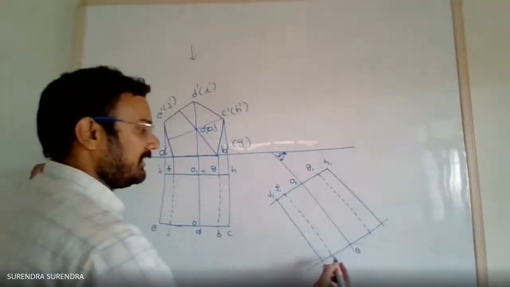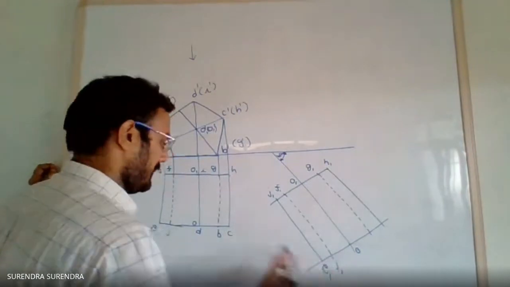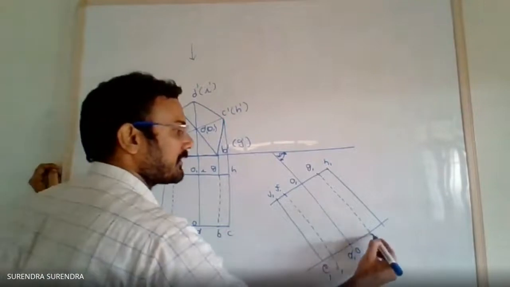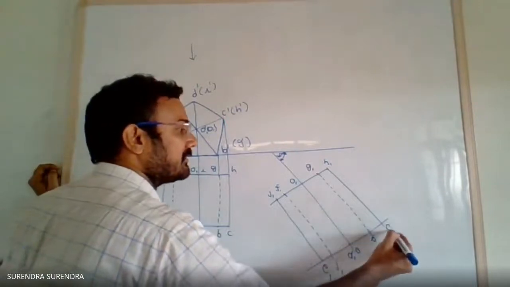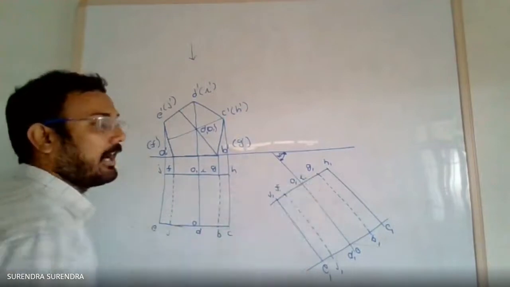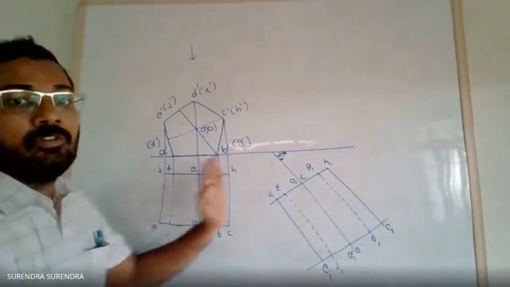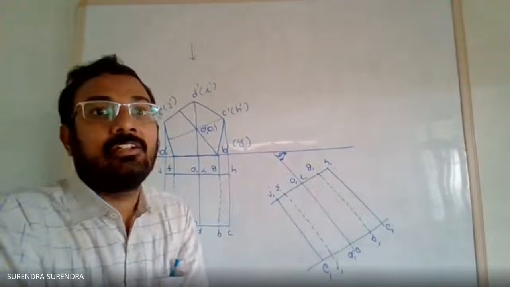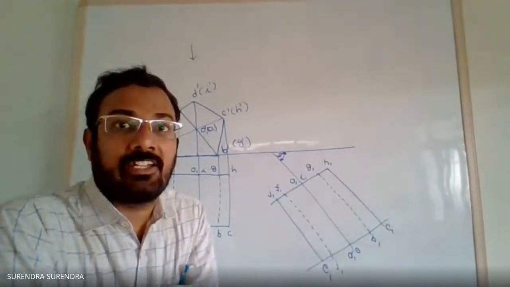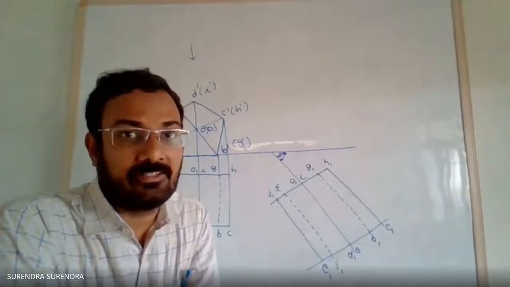The points are E1, J1, D1, B1, C1. Similarly here, I1. Now we have completed the top view when the axis is inclined at 40 degrees to the vertical plane.